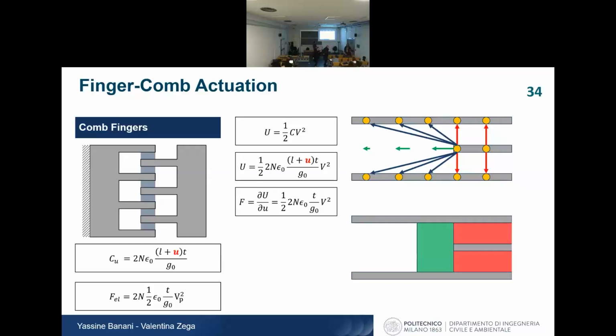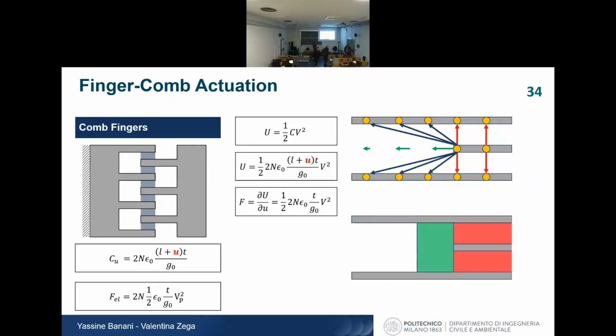In the green area, yes, you have these effects, but this one and this one give a net horizontal force, the same for these ones, but as you go far from the tip, the forces become lower and lower, because they decrease with the distance squared. So at the end, just a small portion near the tip of the comb really contributes to the force.